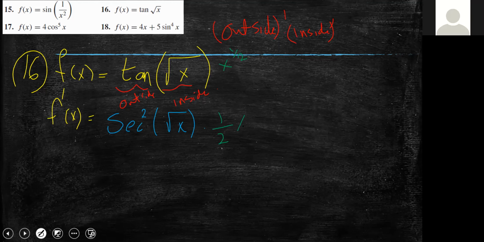Then I will write now the derivative of tan, which is secant squared, and I will write 3x, don't forget it. Then I will find the derivative of 3x, which is 3.